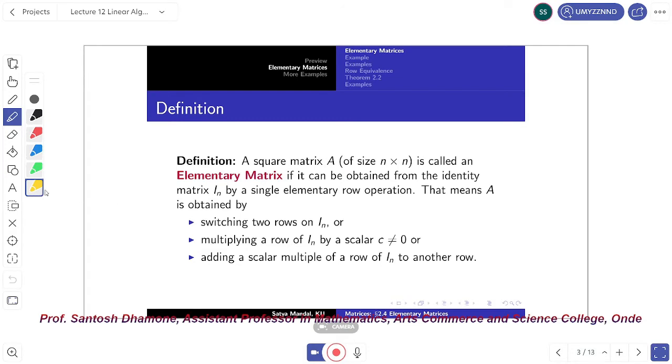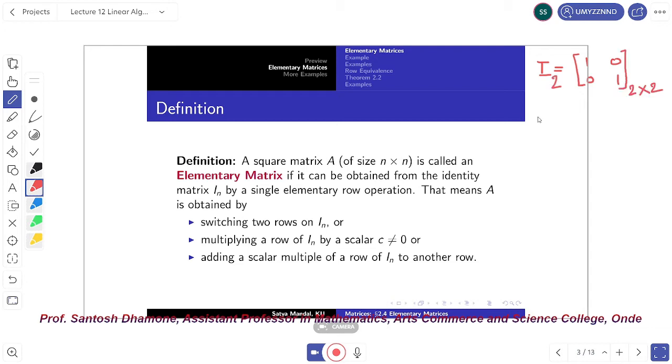First we say that the identity matrix I2 is [1, 0; 0, 1], the identity matrix of order 2 by 2.